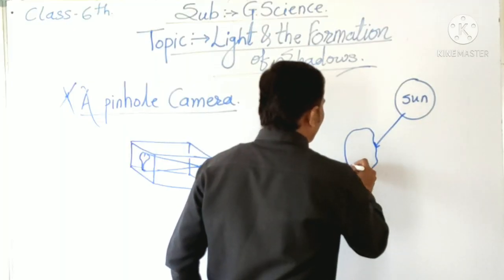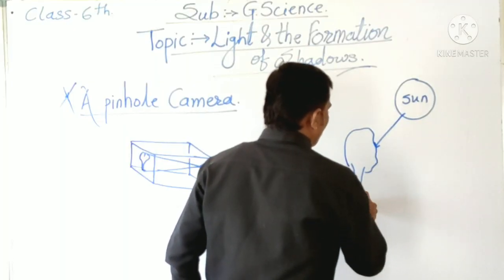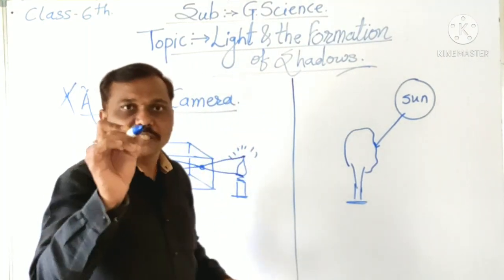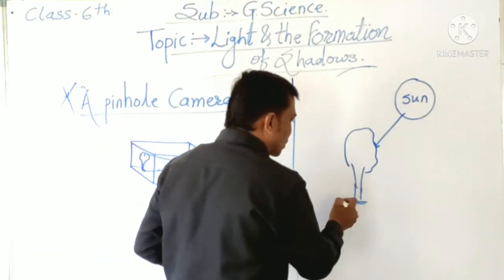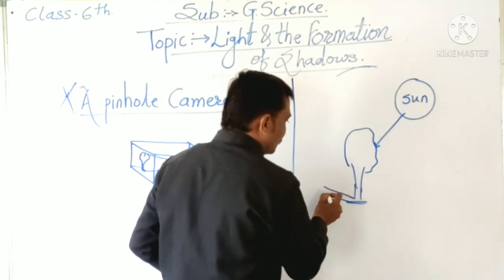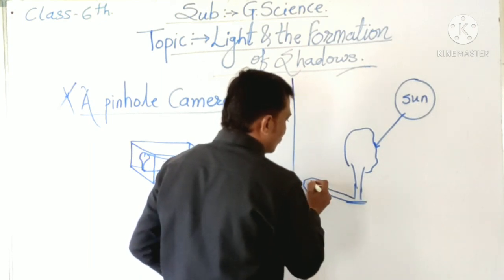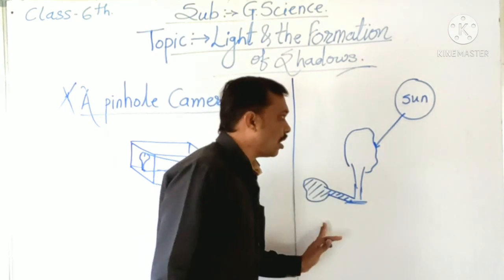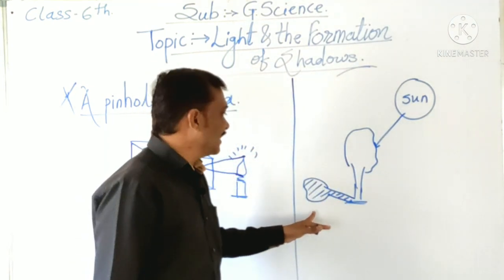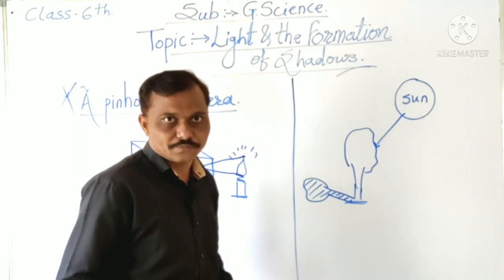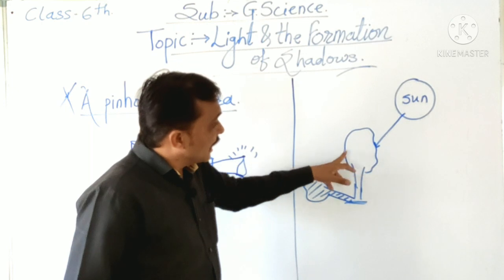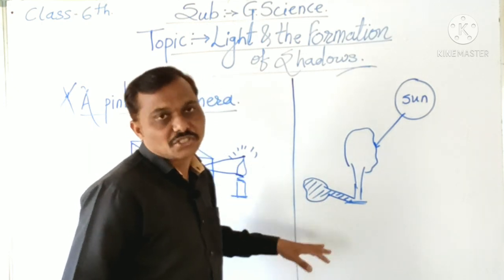They fall on trees, and most of the time you must have seen that behind the trees there is a dark image of the tree. We can clearly see it. Such a darkness is called a shadow.